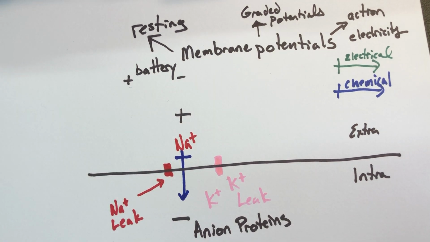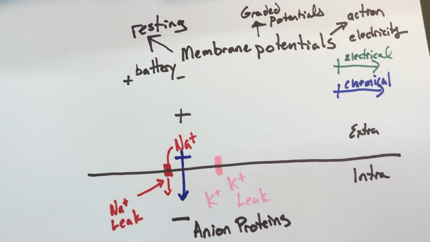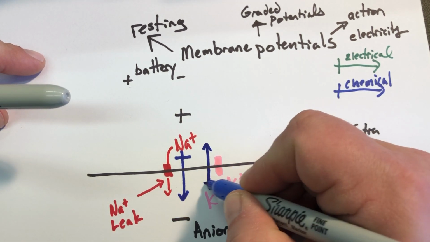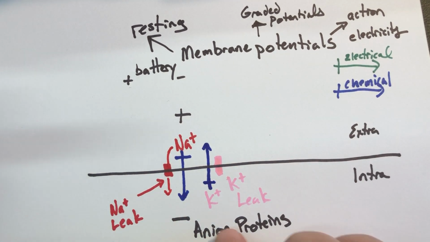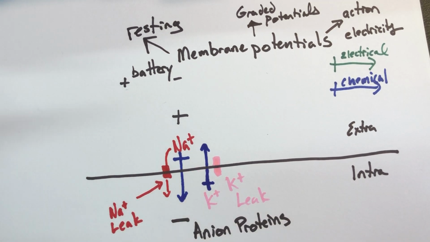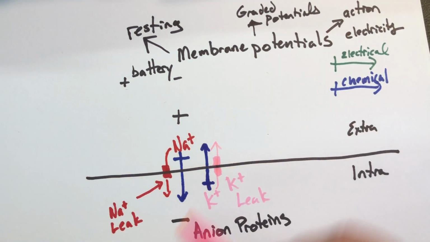So what we should expect is that sodium wants to leak into the cell. For potassium then, there is an opposing chemical gradient towards the outside of the cell. We have a large concentration of potassium inside the cell compared to outside the cell. And so we should expect to see potassium leak through that potassium channel.